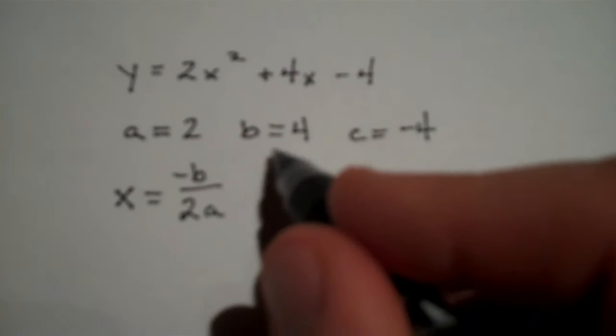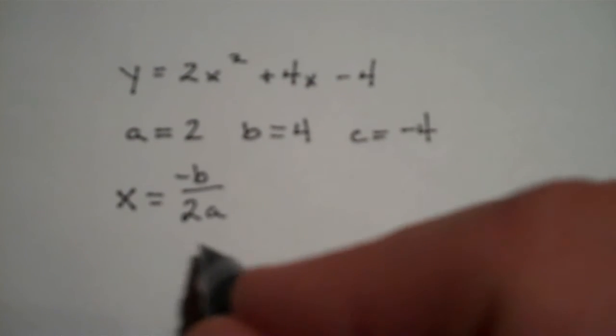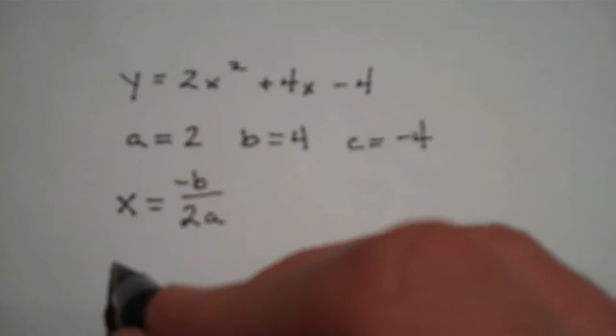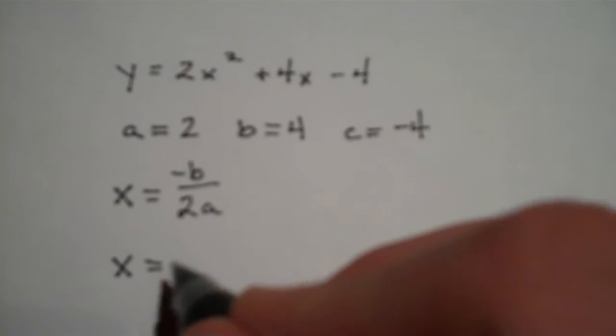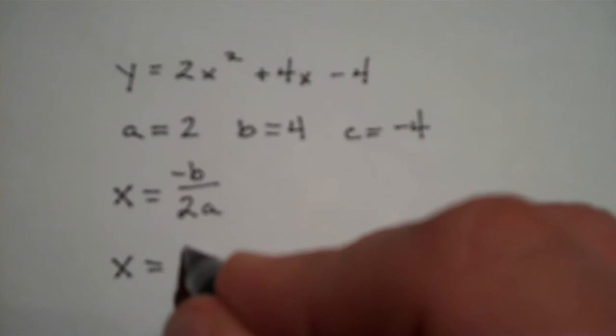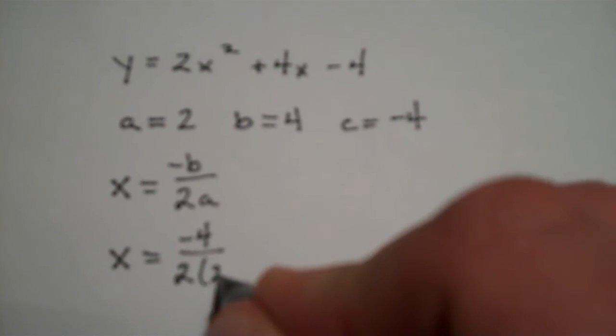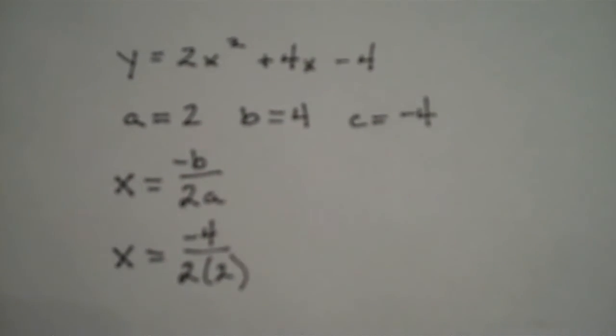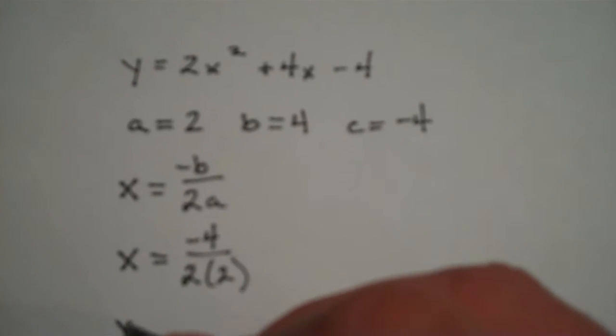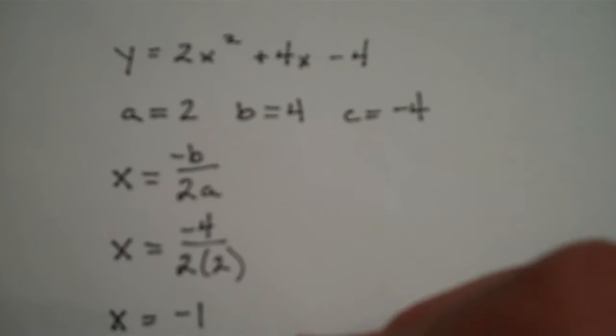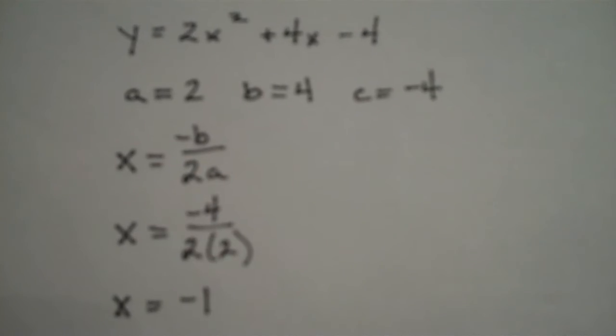So we're going to pull the b term from up here and the a term from up here. So now we have x equals the opposite of 4 over 2 times 2. So now I have x equals negative 1 for my line of symmetry.